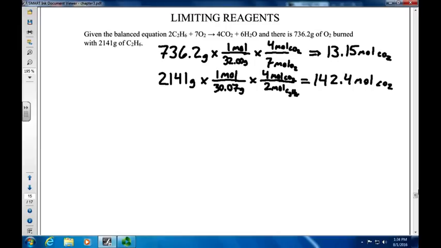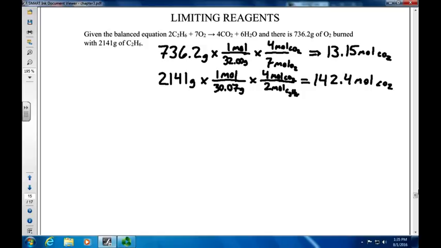So what that's saying is that if we had an unlimited supply of oxygen, but we had that limited supply of ethane, that we could burn the ethane to the point of getting 142.4 moles of CO2, at which point we will have run out of the ethane, and the reaction would stop.